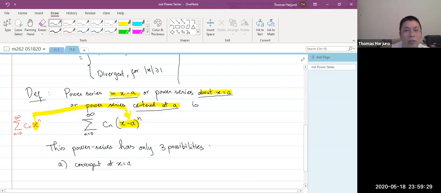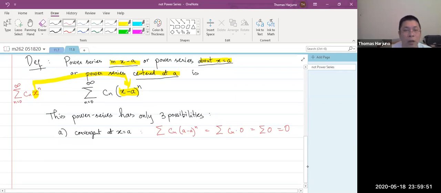In fact, when x equals a, you end up having the series of c_n times 0. That's the summation of all zeros. That's always 0. Notice that it is always true.